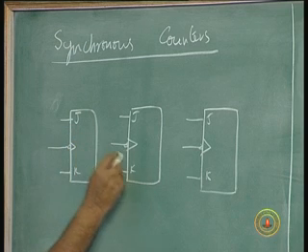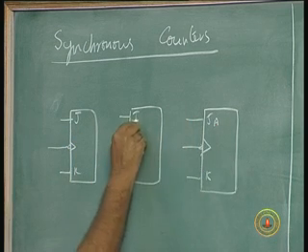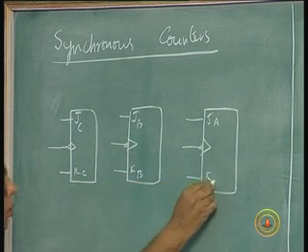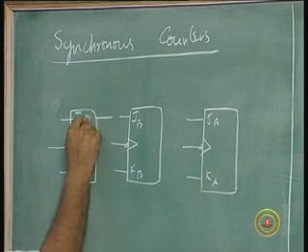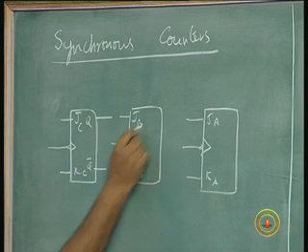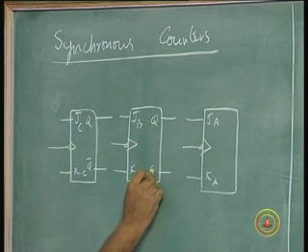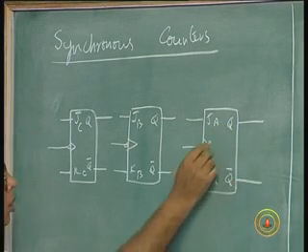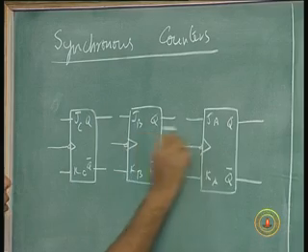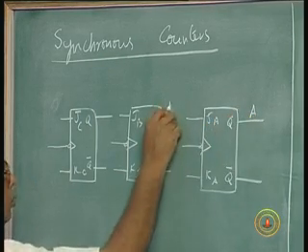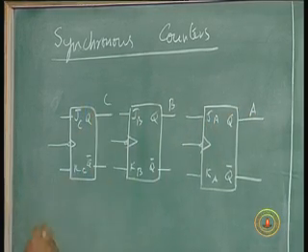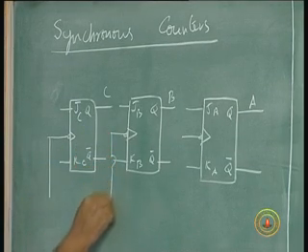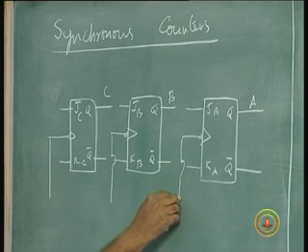I will call this ABC, this will be A, this will be B, Q bar, so this will be A. I want to apply the clock input to all the flip flops.